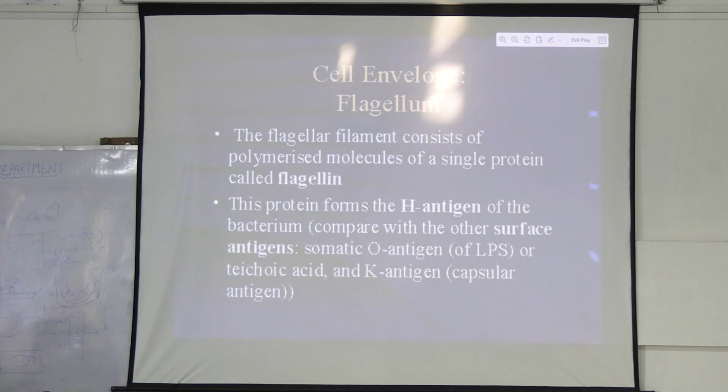Now, next one comes the flagellar antigen. Now, what is an antigen? Any foreign particle which enters the body and induces an immune response, thereby producing antibody in the human body, is called an antigen.